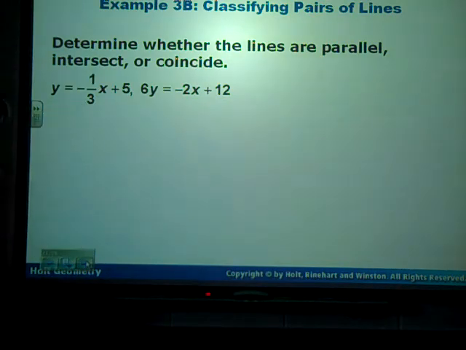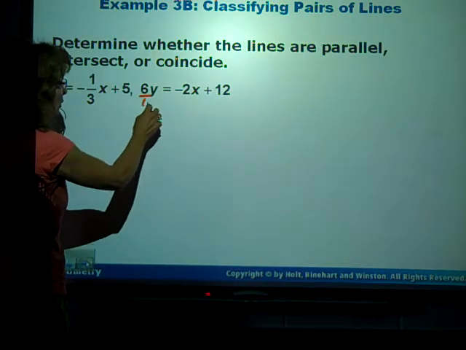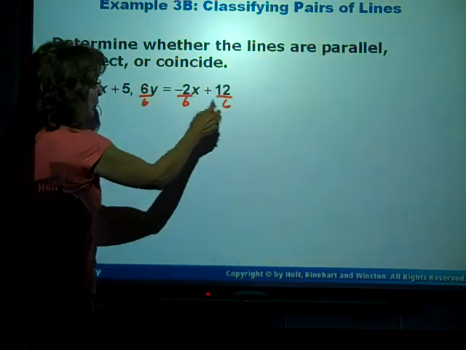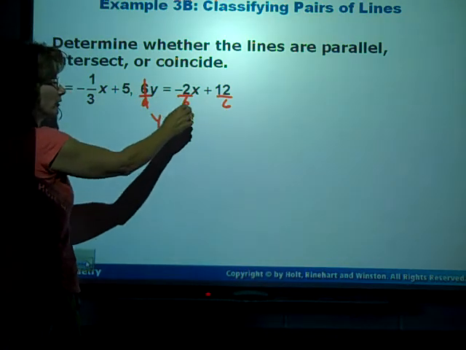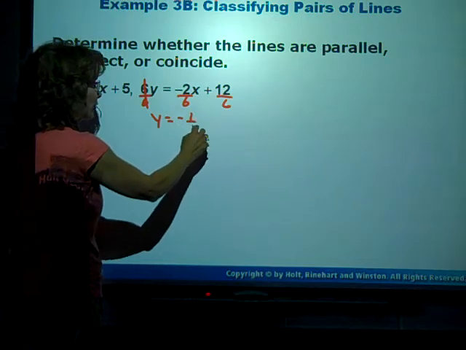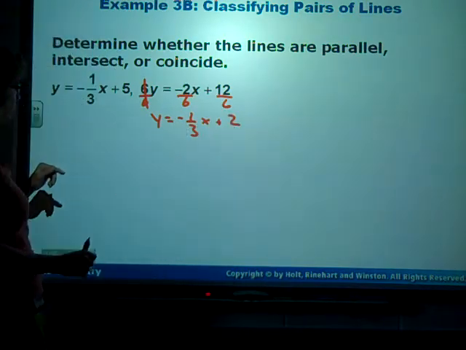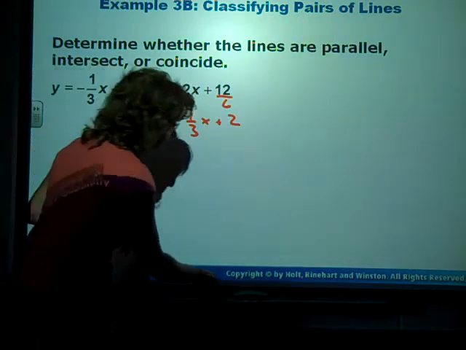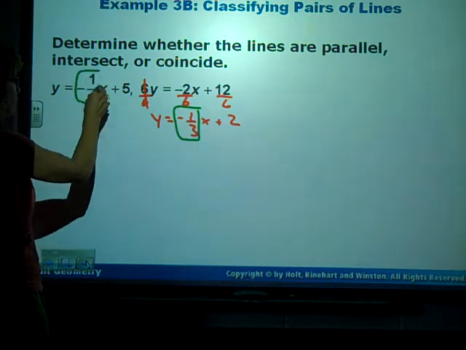You look at this. This is not slope-intercept form. So I need y alone. I'm going to divide by 6 and get y equals, and 2 over 6 reduces to 1/3. And 12 divided by 6 is 2. So there's my new equation. Now I see this slope, same slope.